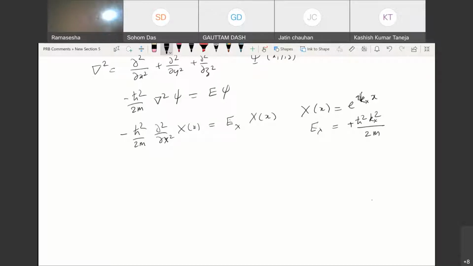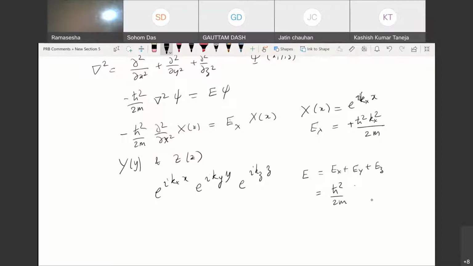Y of y and Z of z. So my total wave function is e to the i kx x e to the i ky y e to the i kz z, and my total energy is going to be Ex plus Ey plus Ez, equal to h cross squared by 2m times kx squared plus ky squared plus kz squared.